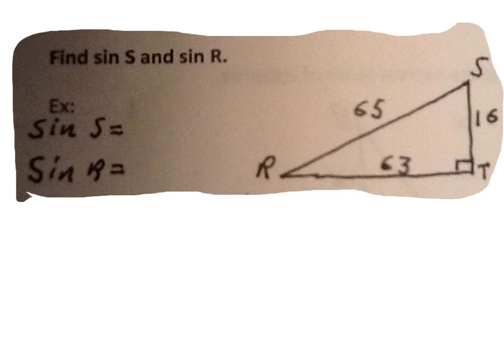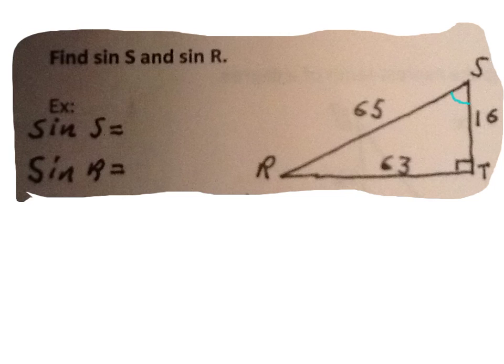Okay, in this first example, I just want to find the sine of S and the sine of R. They're going to be the most straightforward application of the sine ratio. Okay, so the sine of S, remember, is the opposite of S. So let's kind of highlight what we're working with here. So I'm talking about angle S right here.